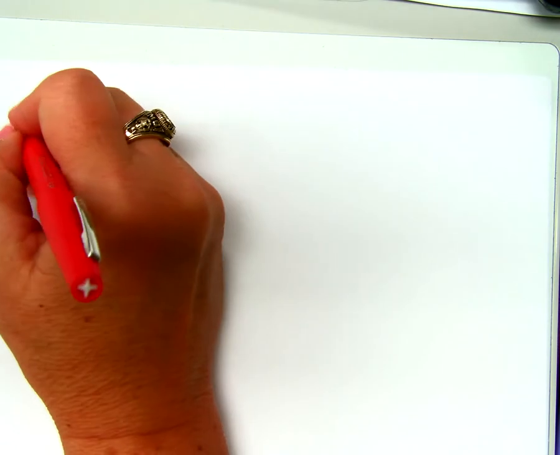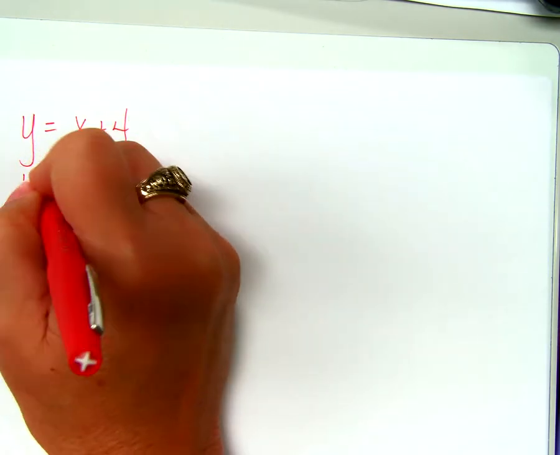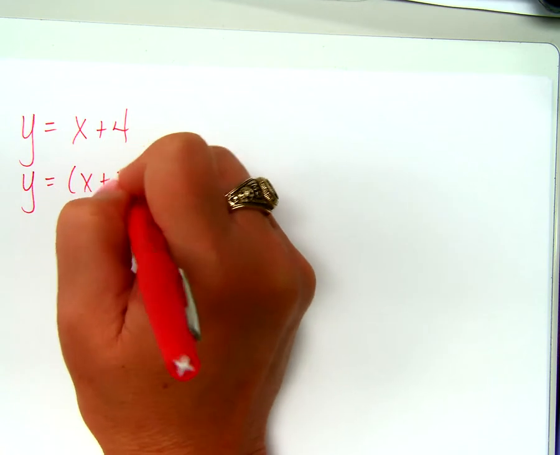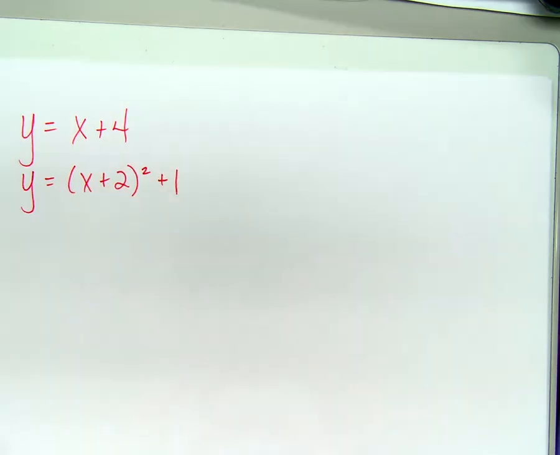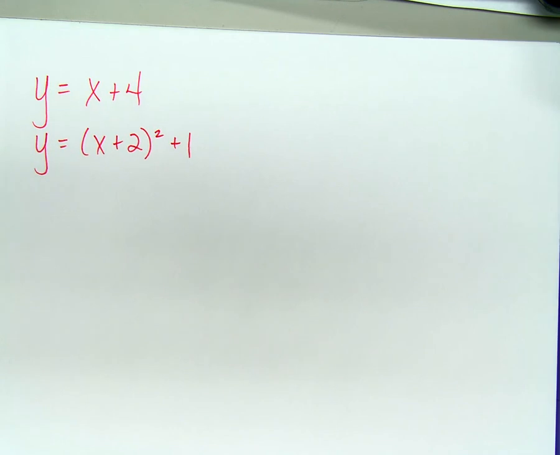What if you were given this system of equations? y equals x plus 4 and y equals (x plus 2) squared plus 1. And I said solve this by substitution. How would you go about solving this system of equations with substitution?